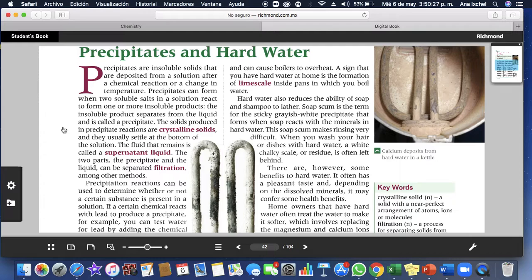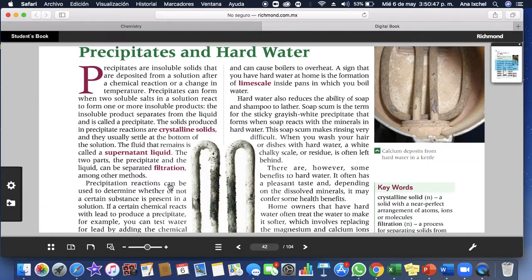The fluid that remains is called a supernatant liquid. The two parts, the precipitate and the liquid, can be separated by filtration, among other methods.